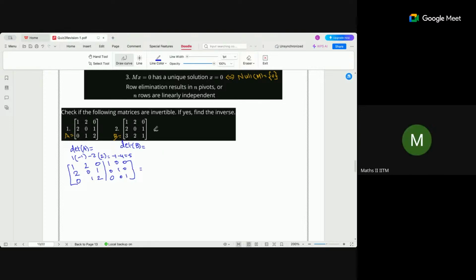And what about B? For B, it is 1 times minus 2 minus 2 times 2.